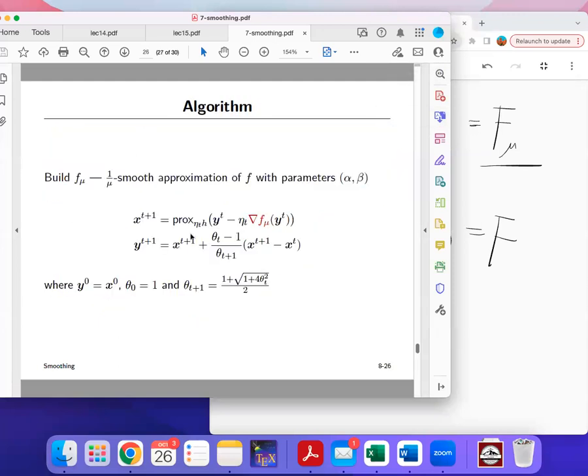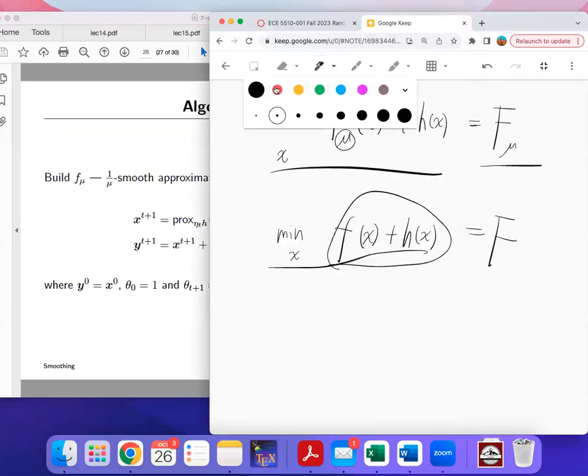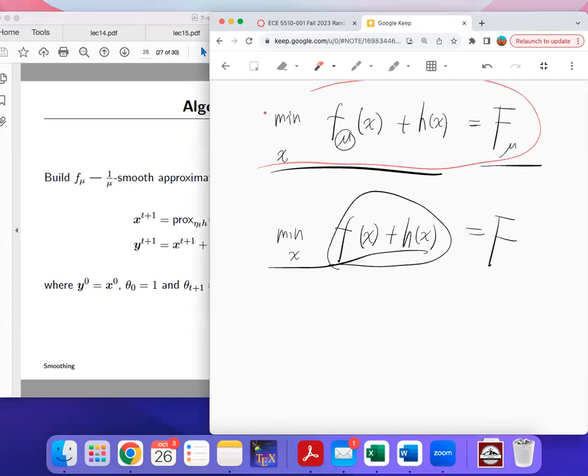So this is our algorithm, and this algorithm is to optimize the smooth problem. So this algorithm is directly optimizing this problem, and this is a smooth convex composite optimization problem. So we can directly apply the convergence rate result of accelerated gradient descent to this problem.